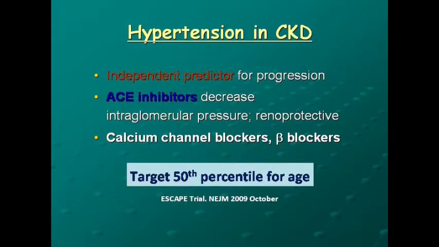But there is this recent study of almost 500 odd patients, the ESCAPE trial from Europe, that very clearly shows that if you have a more intensive reduction of blood pressure targeting the 50th centile, these kids clearly do well in the long term. So our targets for hypertension need to come down by using appropriate agents, ACE inhibitors, with or without adding calcium channel blockers, etc. So this is an important message that I thought we should be discussing today.